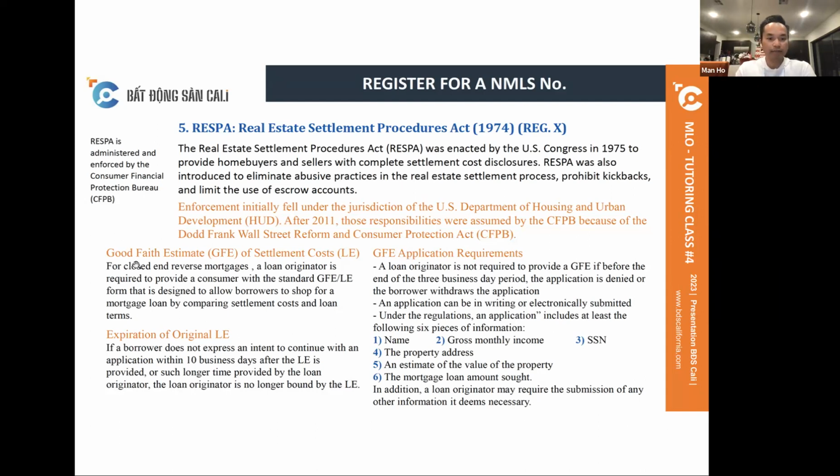So like I said earlier, the good faith estimate of settlement cost, which is the LE right now. For federally related mortgage loans and reverse mortgages, a loan originator is required to provide the consumer with a standard GFE or LE form that is designed to allow the borrower to shop for a mortgage loan by comparing the settlement cost and loan terms.